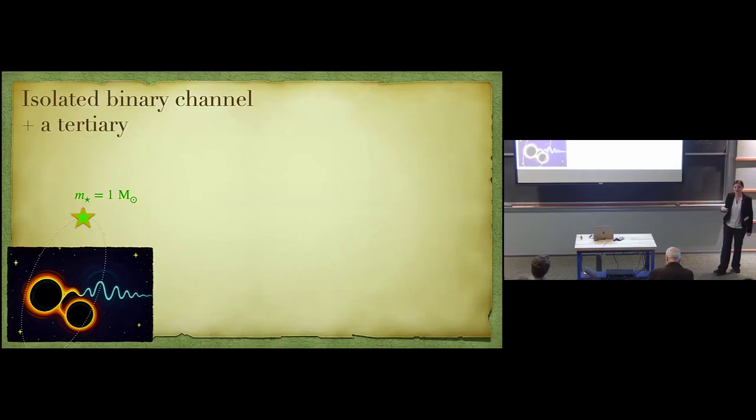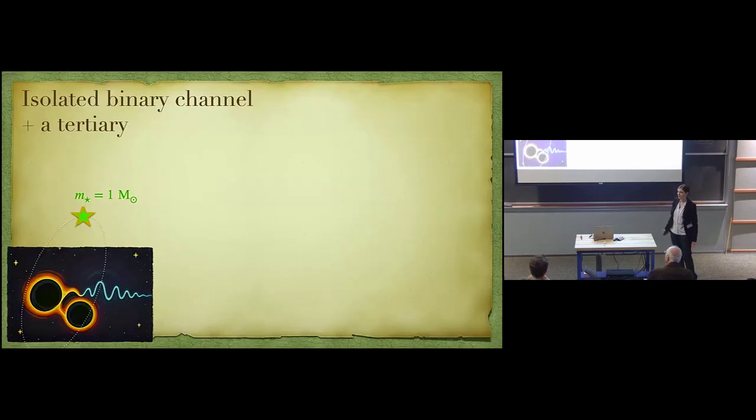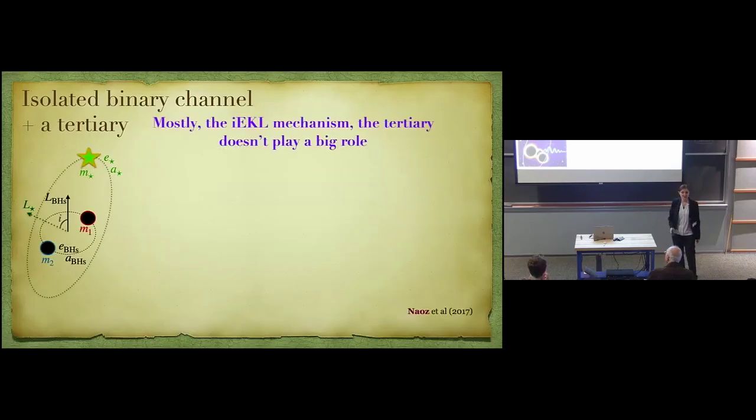So maybe the first question that you ask yourself is, wait a minute, Smadar, you showed us with this cartoon, you had all this hype about the eccentric Kozai-Lidov. So what does one solar mass do for this inner binary? The answer is actually not much. In fact, this is what we call the inverse eccentric Kozai-Lidov mechanism. It's because the one solar mass angular momentum is not dominating the system.